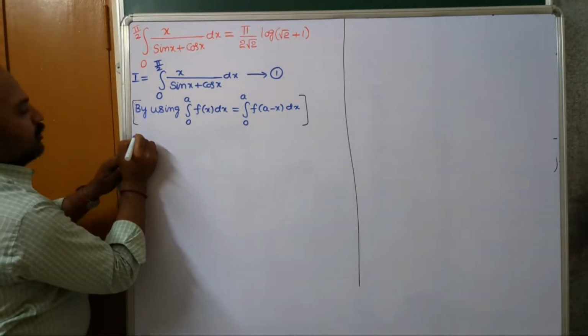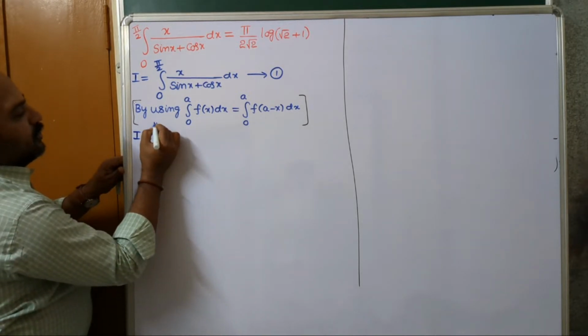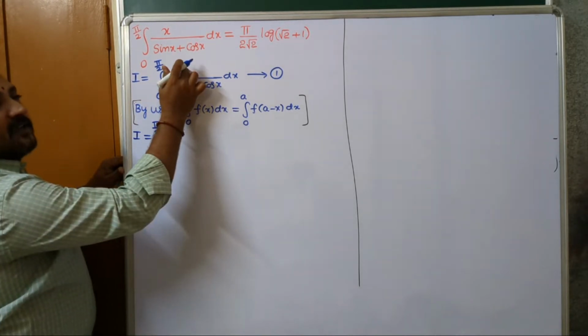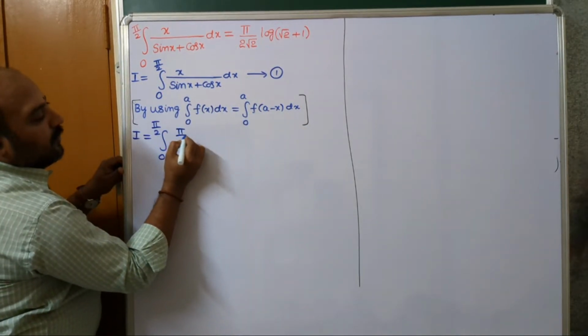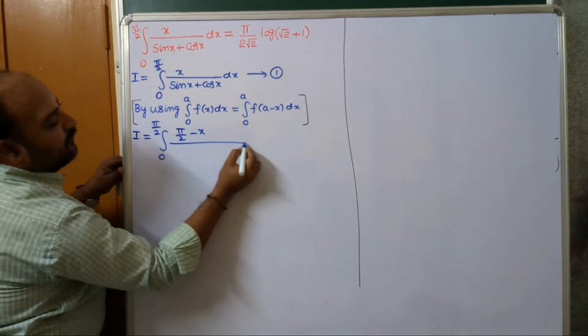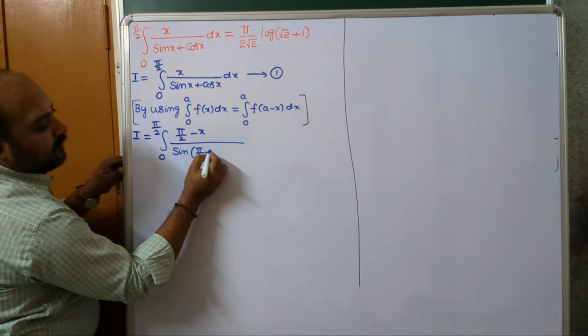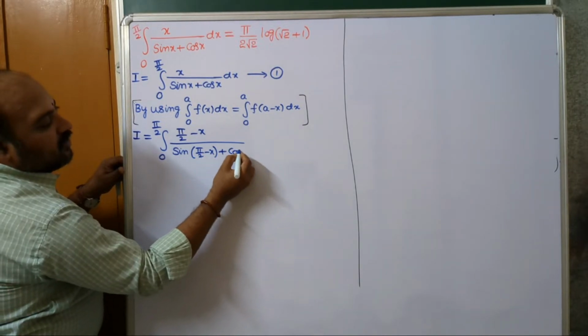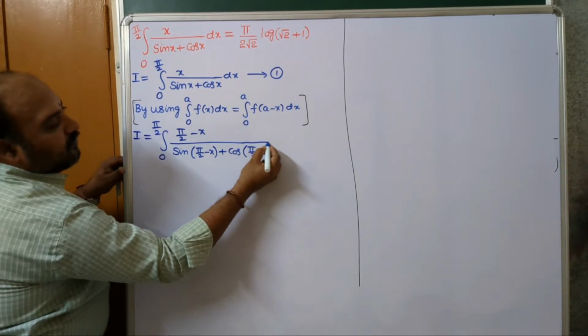So I equal to integral 0 to pi by 2, in place of x, a minus x, a is equal to pi by 2 here. So (pi by 2 minus x) by (sin of (pi by 2 minus x) plus cos of (pi by 2 minus x)) into dx.